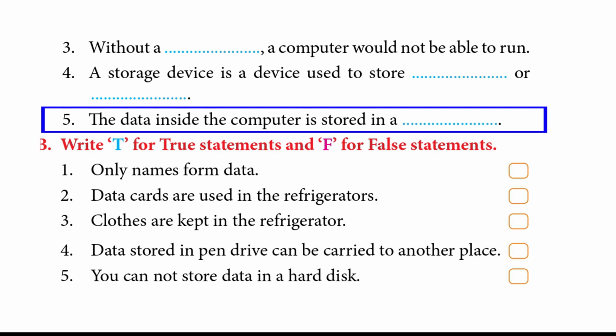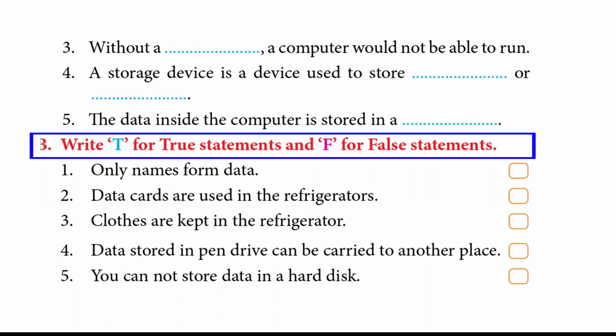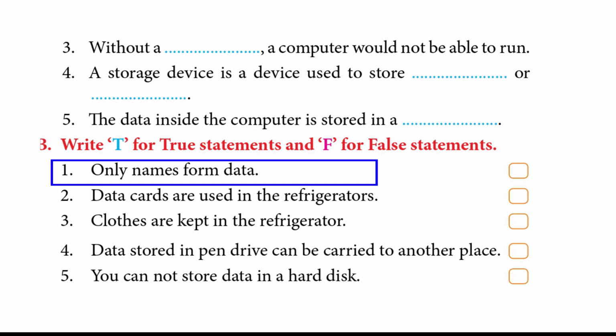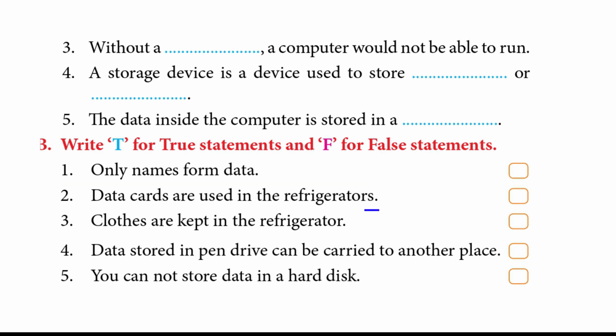Answer: hard disk. B. Write T for true statements and F for false statements. 1. Only names form data. Answer: false. 2. Data cards are used in the refrigerators. Answer: false. 3.